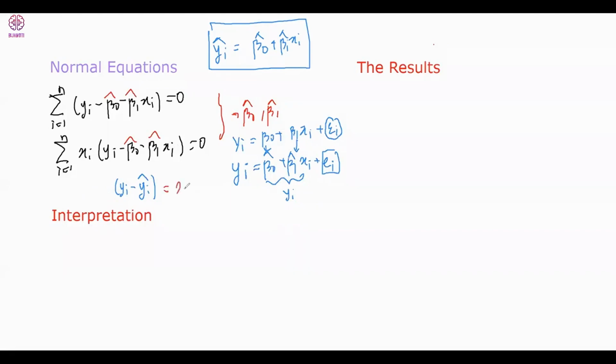Let's call this one ei, the residual. These are called the residuals. Okay, and yi hat, beta naught hat plus beta 1 hat xi, is the predicted yi, and this is the residual. So essentially we observe that yi is equal to yi hat plus ei. Okay, this is a basic part.